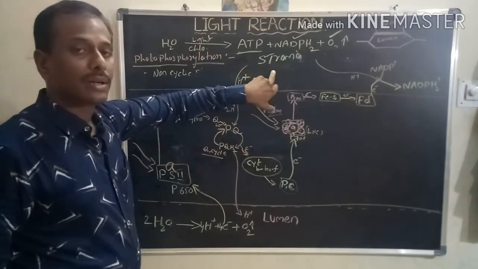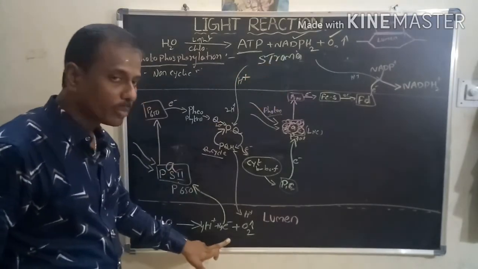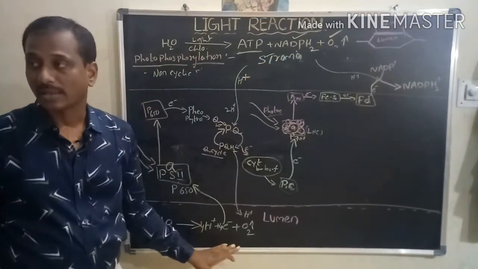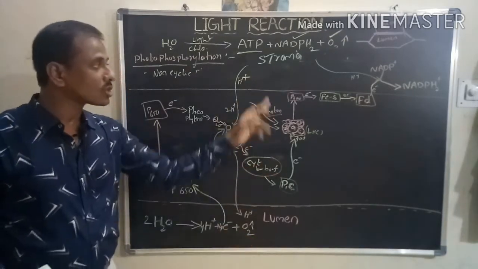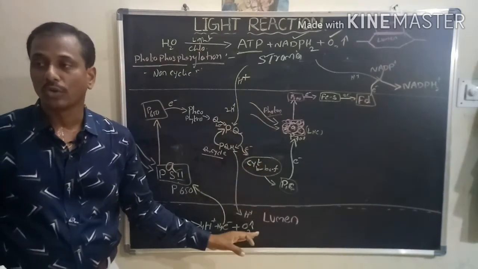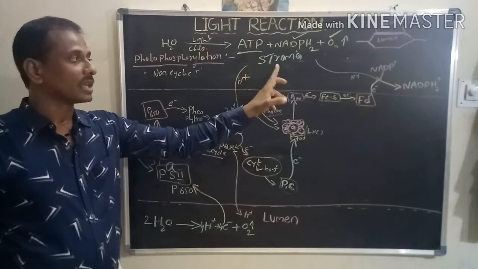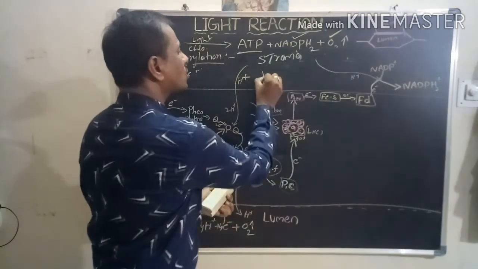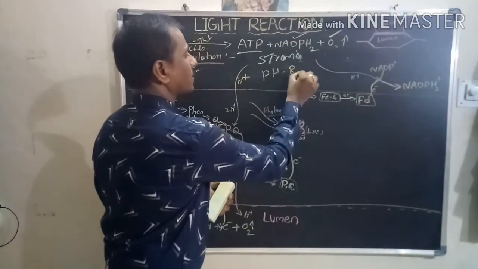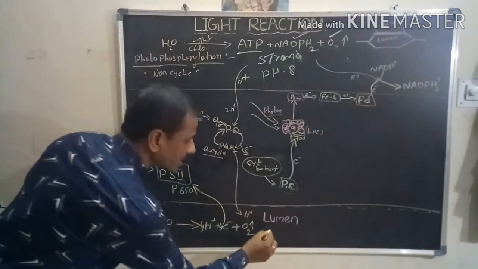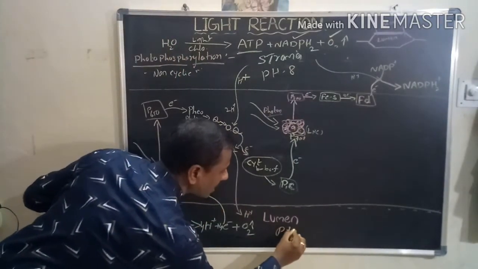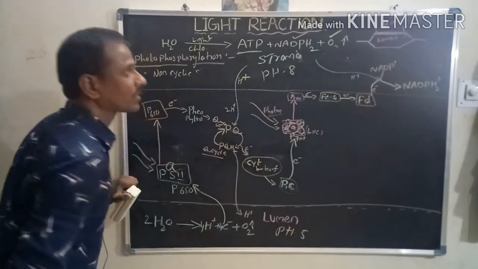In the stroma, fewer H+ ions; in the lumen, high H+ ions. So the pH is different in the lumen and the stroma. In the stroma, the pH value is 8. In the lumen, the pH value is 5.